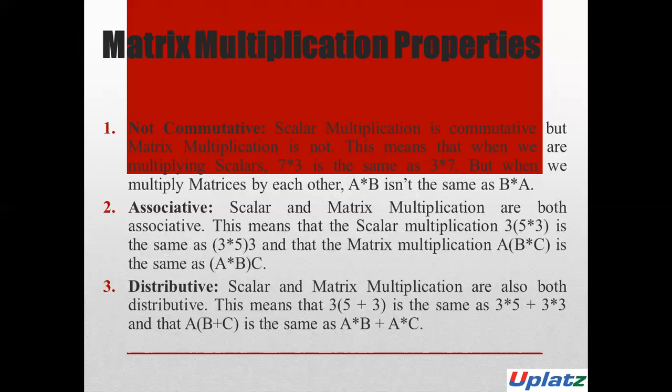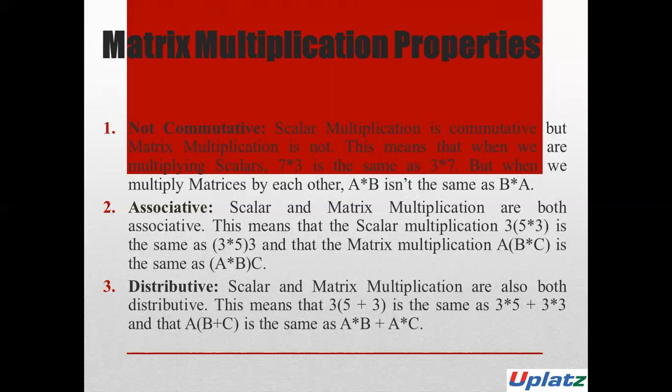So this is scalar multiplication, and the matrix multiplication also, that is A multiplied by (B multiplied by C) is the same as (A multiplied by B) multiplied by C. So the first property, it's not commutative. The second property, it is associative. Third property, it is distributive.